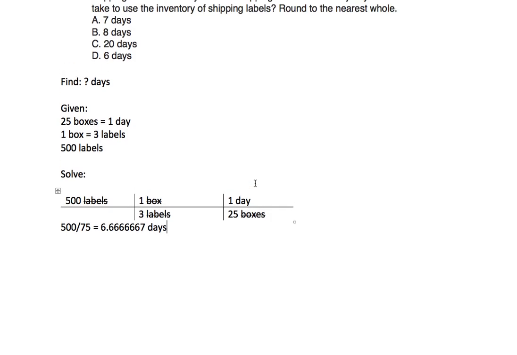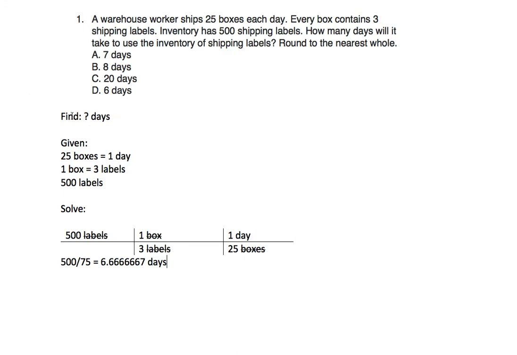And we'll do that in the calculator. 500 divided by 75. And we'll get 6.666667. And then we'll write in whatever word we have left, which is days, and that matches what we wanted to find, and it matches the answers here.